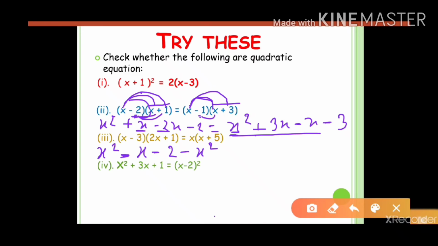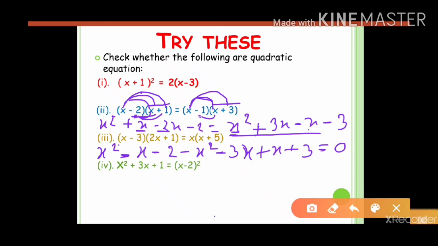By transferring to LHS, it becomes minus x square plus 3x. In LHS, it becomes minus 3x, minus x. In LHS, it becomes plus x, minus 3. In LHS, it becomes plus 3, equal to 0.